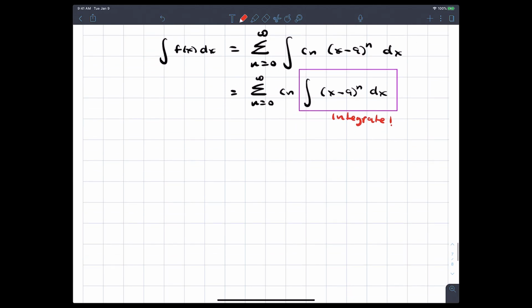And you use the power rule here. By the power rule, we get the following: x minus a to the n plus 1 over n plus 1. And then don't forget you have this constant c.